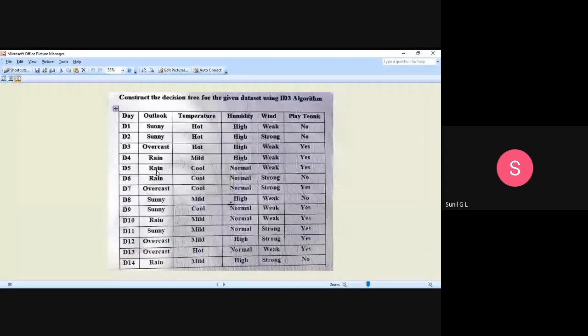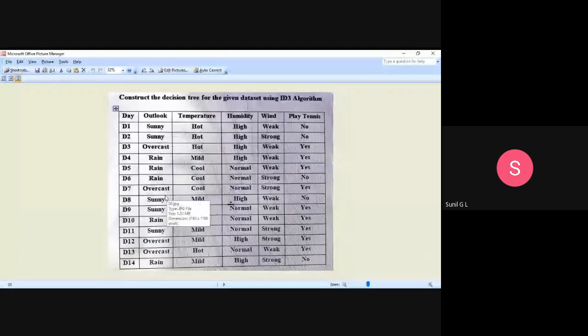For all these values, I first need to calculate the entropy, and after that I will calculate the information gain. First I need to calculate the entropy of sunny, overcast, and rainy.